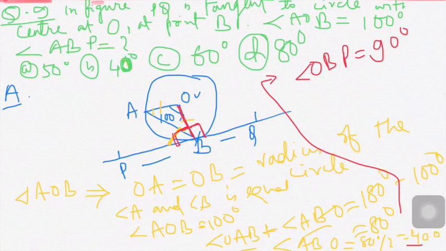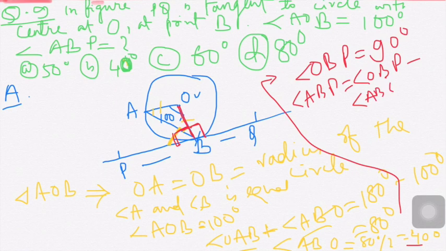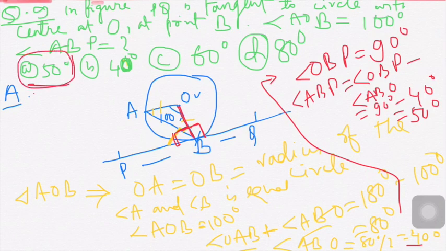So we can easily find out ABP equals angle OBP minus angle ABO. Hence we can write 90 degree minus 40 degree, and this would be 50 degree. Hence we can write this as the answer. Is it clear?